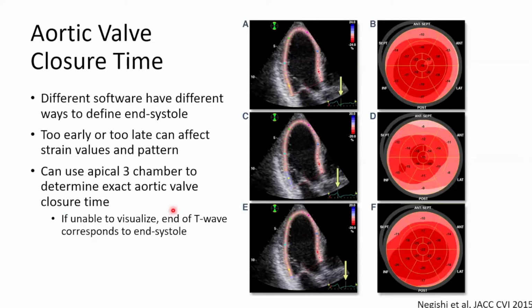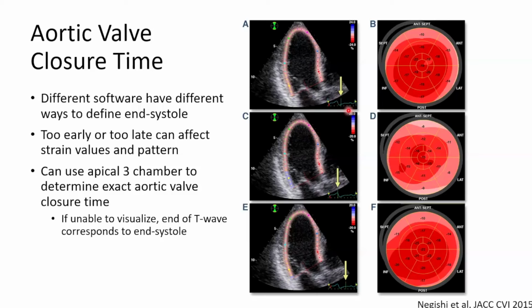Aortic valve closure time definition is also very important. As you can see in this panel on the right side, in A and B, this is exactly placed right at the end of the T wave, which is the most appropriate end systolic or aortic valve closure time. Ideally, you want to assess aortic valve closure visually on this apical 3-chamber view to determine when the aortic valve closure actually occurs.